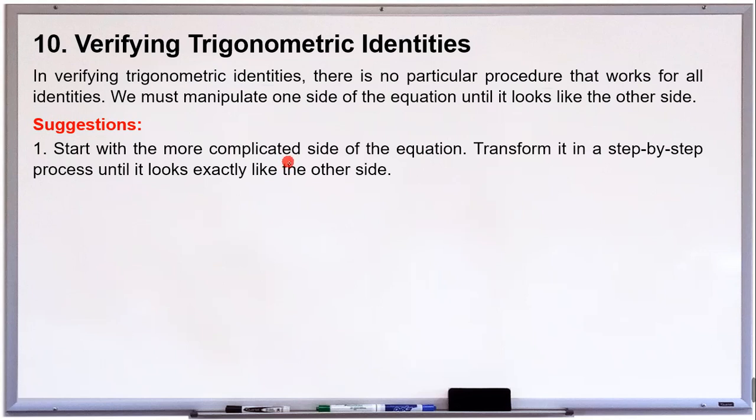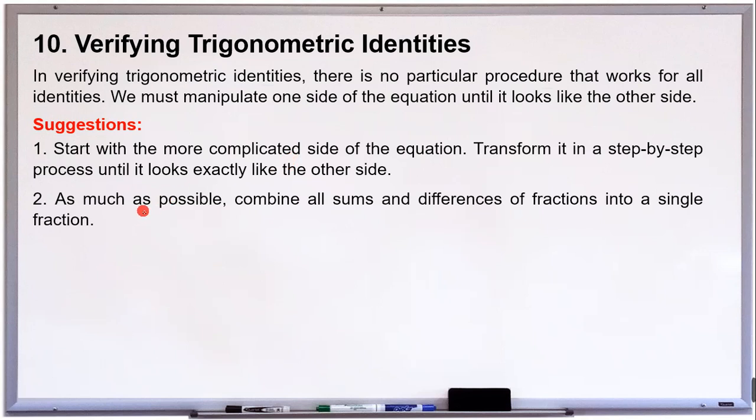Now, in proving, do not transpose the left side to the right side, and do not multiply both sides by something. You only need to modify one side, not both of them at the same time with the same value that you multiply or add, because it will affect its value.